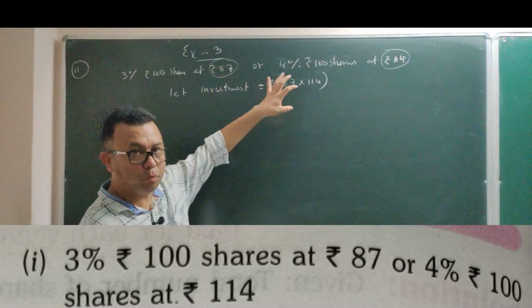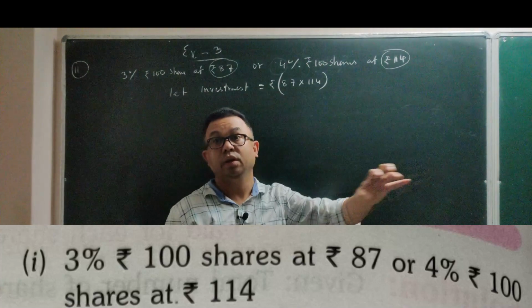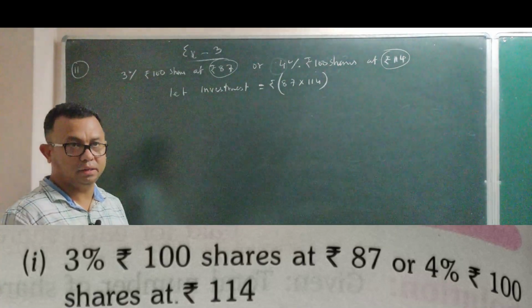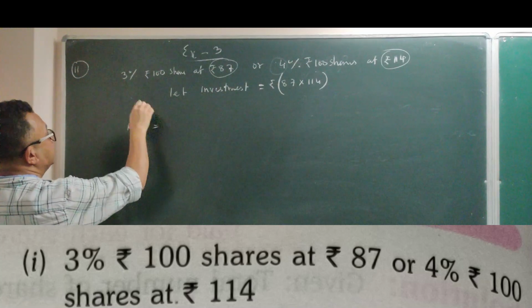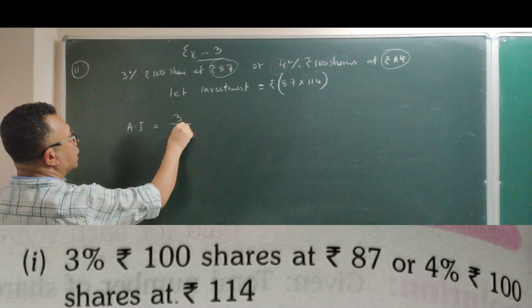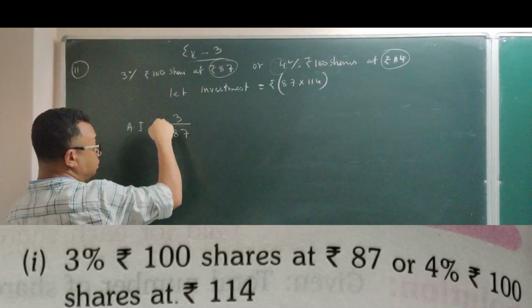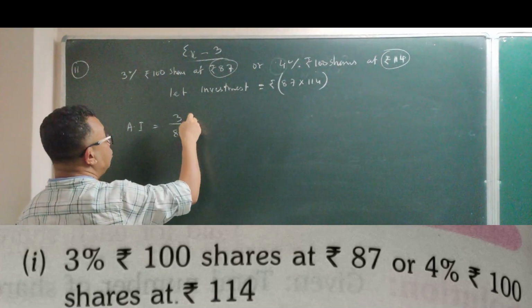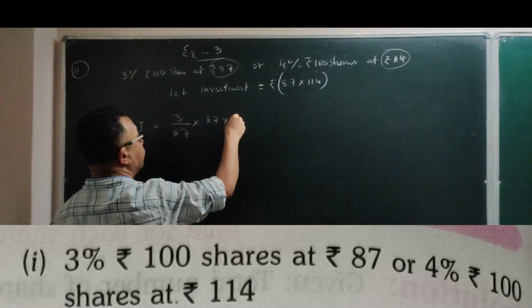Let's suppose this much amount of money we are putting in the first share, and this same amount in the second share, and let us see who is giving us better return. Annual income in the first share is 3% by market value, this is a shortcut formula, 3 by 87 into the investment, which is 87 into 114.